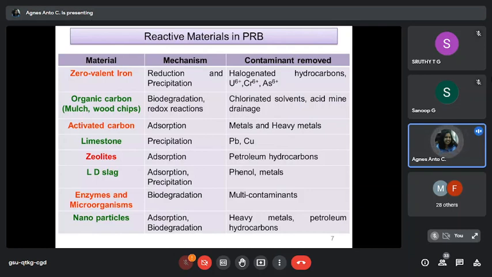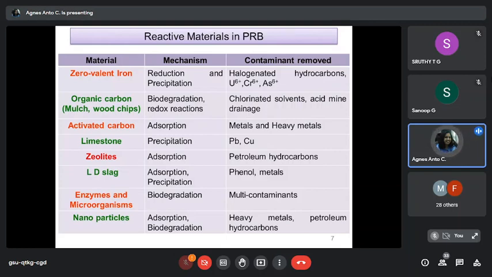The first one is zero-valent iron. This was very common when PRB was first proposed in the 1990s. Zero-valent iron is very commonly used because it is an electron donor. It can facilitate reduction reactions, and it was very effectively used in removing hexavalent chromium, arsenic, and uranium 6+.